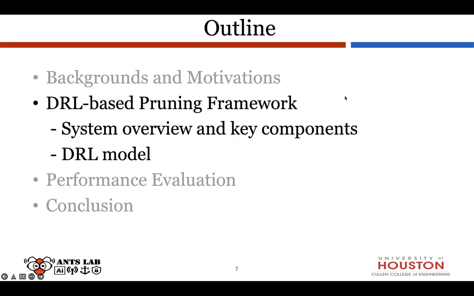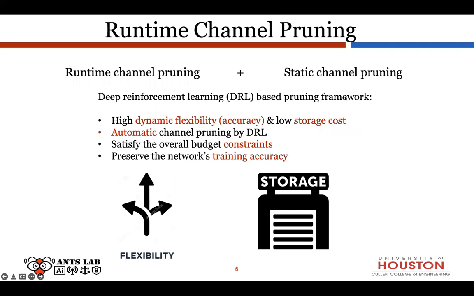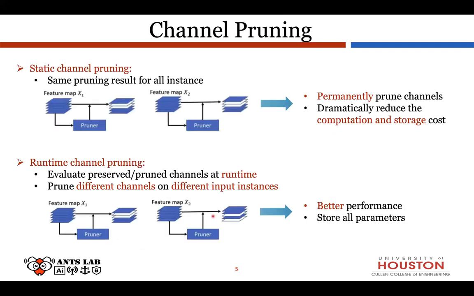Dian, I just have a lot of questions. Can you go back to the runtime channel pruning, the previous one? Yes, this one. The runtime channel pruning, you mean that if you give a different test image, I'm going to give you a different pruned model. But what if that's the case? Are you going to do some extra operation in order to decide?